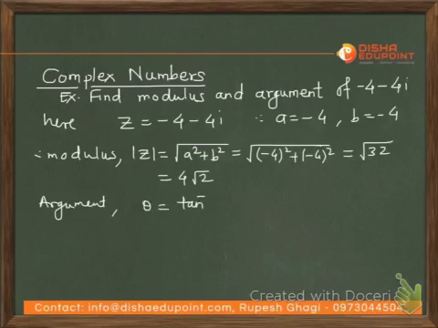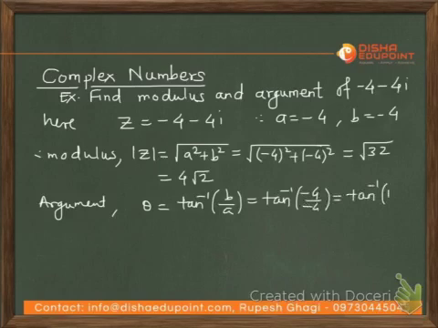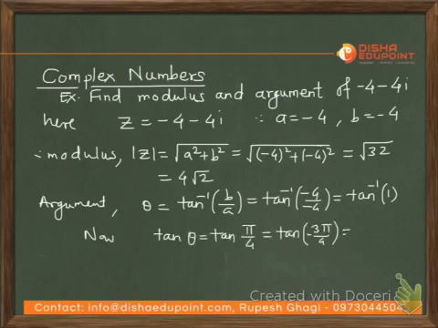Now argument, theta is equal to tan inverse of b upon a. If we put the values, it is tan inverse of minus 4 upon minus 4, that is equal to tan inverse of 1. Now we know that tan pi by 4 is equal to tan of minus 3 pi by 4 is equal to 1.